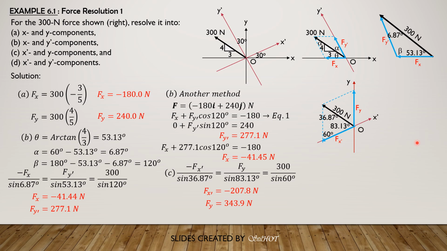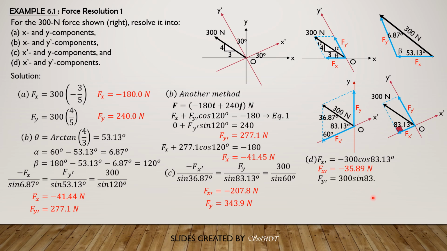From the figure, Fx prime is negative and it is equal to negative 300 cosine of this angle, which is 83.13, while Fy prime is positive, it is 300 sine of 83.13. So Fx prime is negative 35.89 and Fy prime is positive 297.8 newtons. So that's the first example.